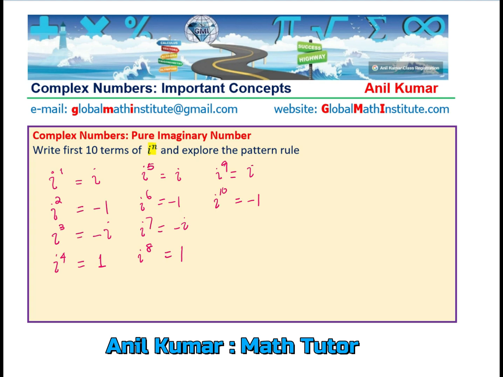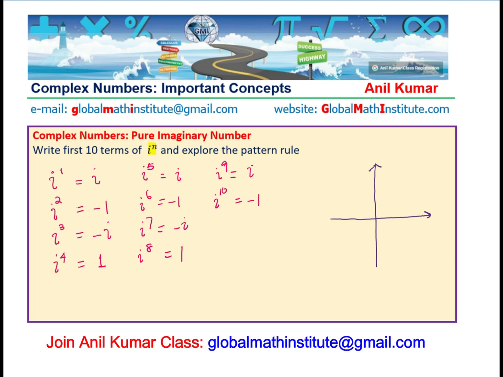Now, there's another way of looking into complex numbers, and that is how do we plot them? Well, we have the Argand diagram to plot the complex number. Just as you have a Cartesian plane where you have x and y axis, here the x axis corresponds to real numbers, so I'm writing Re, and the y axis corresponds to the imaginary number, Im.